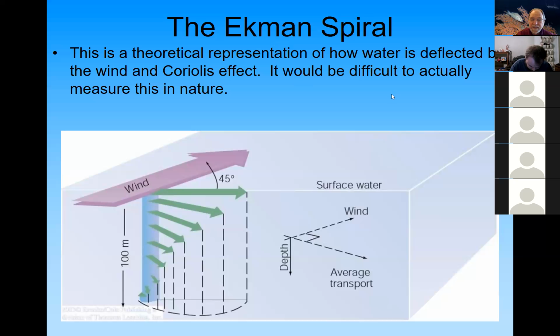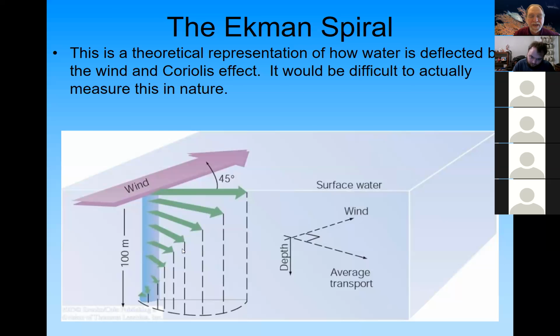Now, I should emphasize that an Ekman spiral is an intellectual concept. You'd be very hard pressed to actually go out in the ocean and measure it precisely. It's a theoretical consideration. You'd be hard pressed to go out and measure the wind blowing and then use some kind of current meter to measure the motion at different depths.